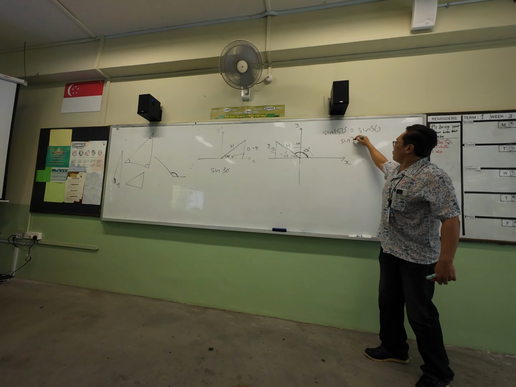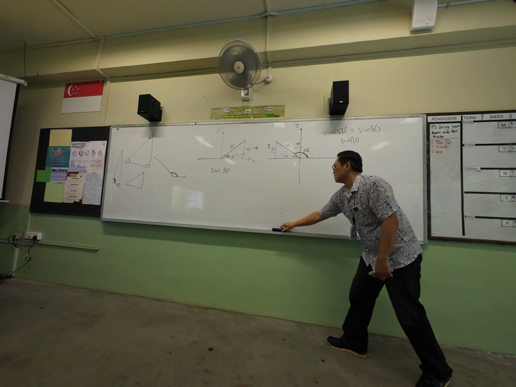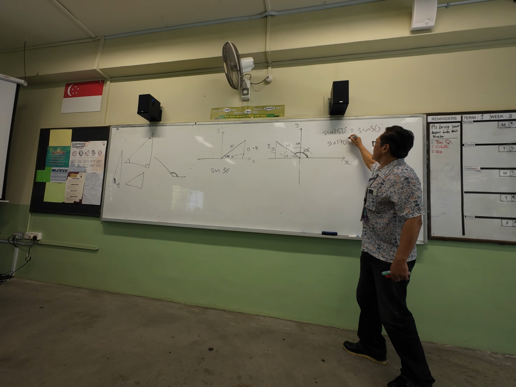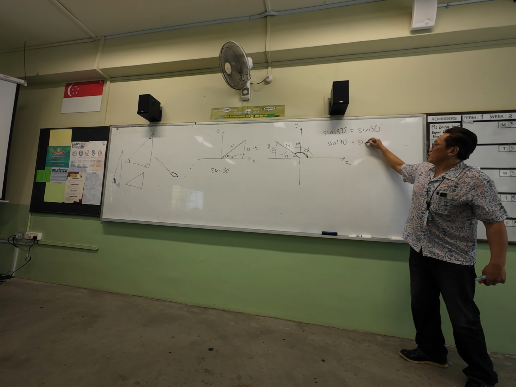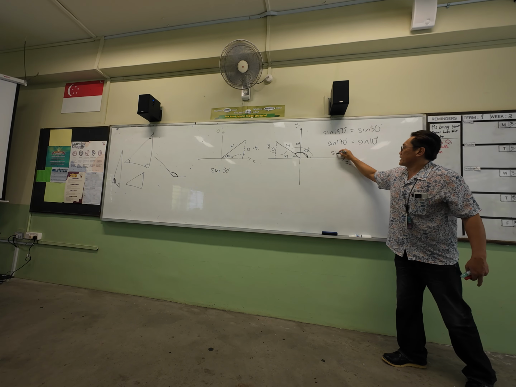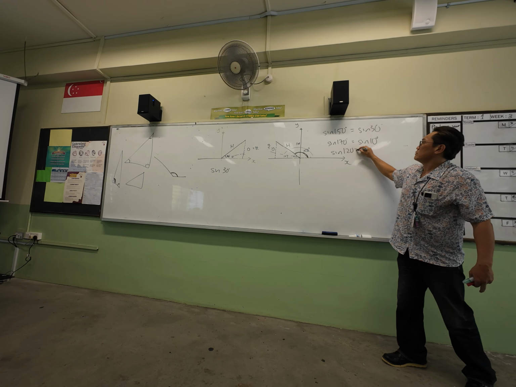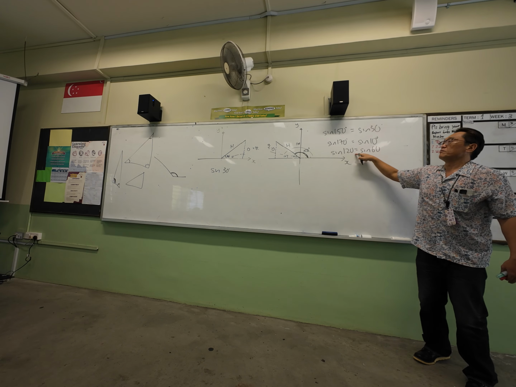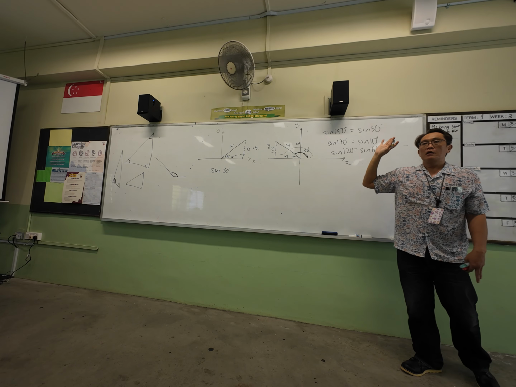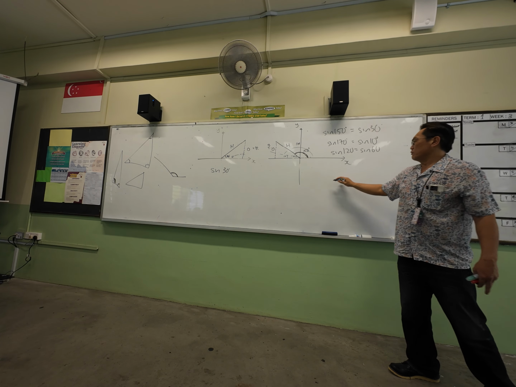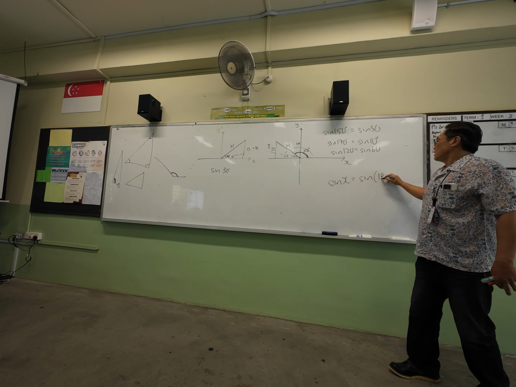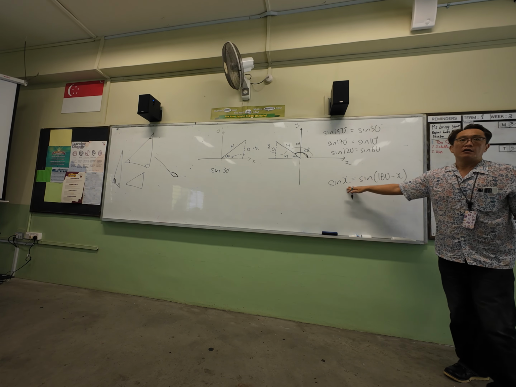So sine of 170, wow, my handwriting cannot. The sine of 170 will also be equal to the sine of 10 degrees. So these two angles, no matter how I change, what is the relationship? 180. They will add up to 180. Okay? So in your textbook, you will see sine x equals to sine 180 minus x.